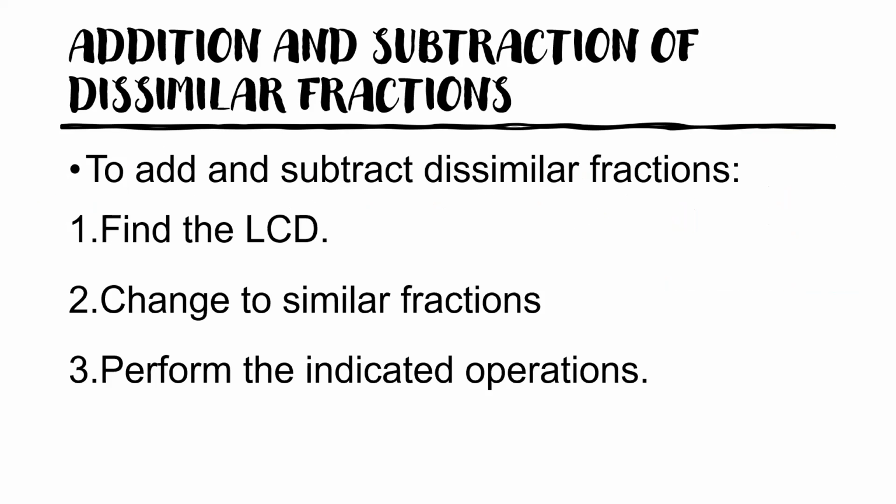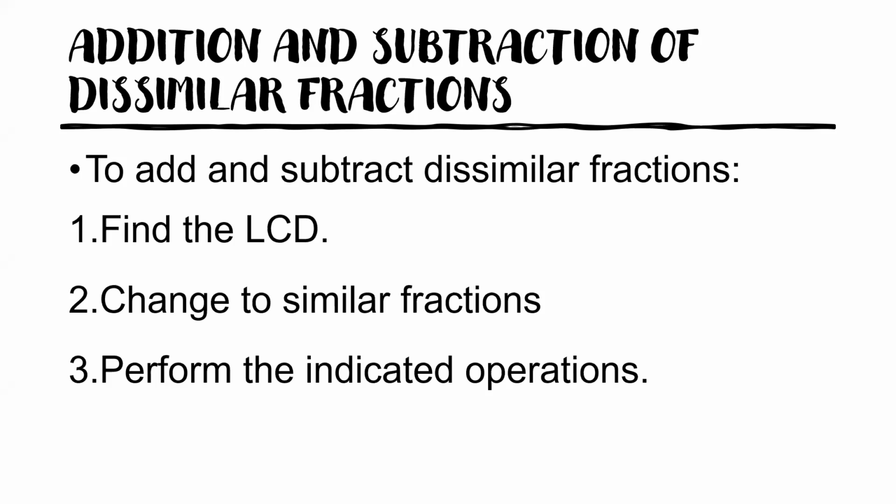Ngayon, since alam na natin ang similar fraction, pasok tayo sa dissimilar fraction. Sa dissimilar fraction, magkaiba yung denominator nila. So, that's the first thing that we should do. Kailangan natin munang aksyonan yung denominator, gawin natin pareho, then gawin natin yung ginagawa natin sa similar.